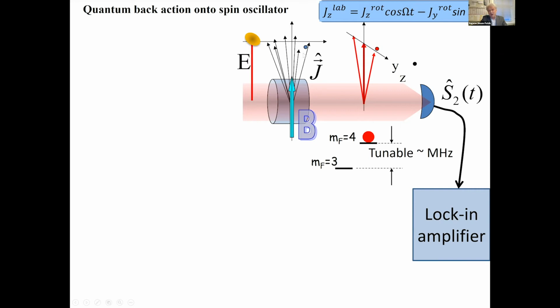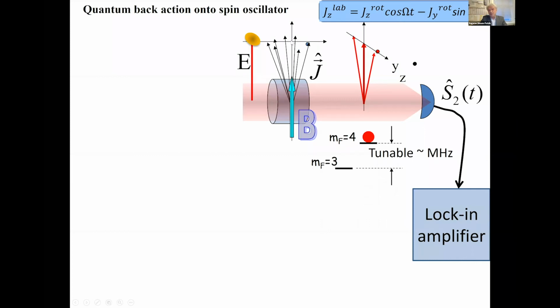Certainly they are exaggerated here. The real scale is more like this angle is about 10^-6. But that's what's happening. So you shine light and you make a measurement of the polarization rotation.